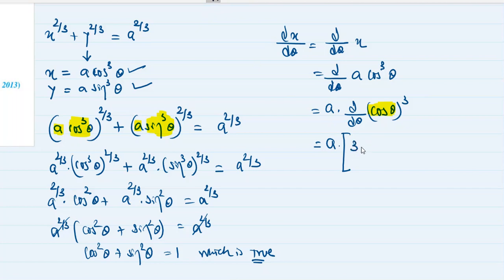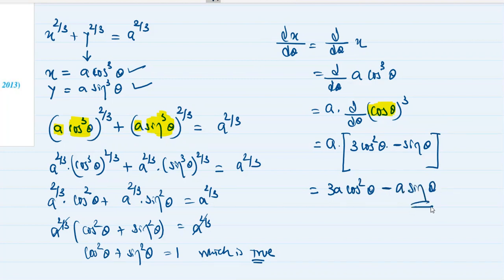So 3 cos square theta multiplied by d by d theta of cos theta. D by d theta of cos theta is minus sine theta. So if you simplify this, you get 3a cos square theta minus a sine theta.